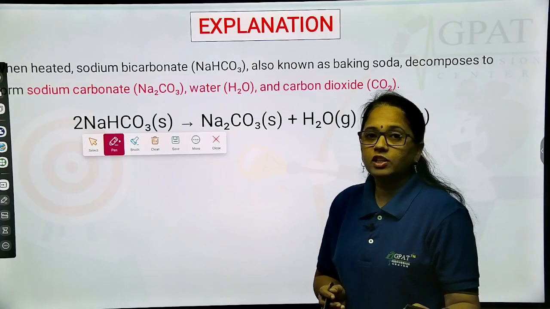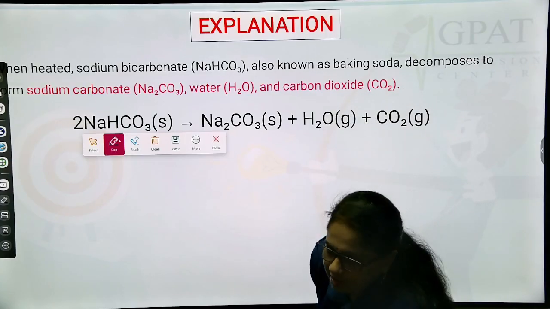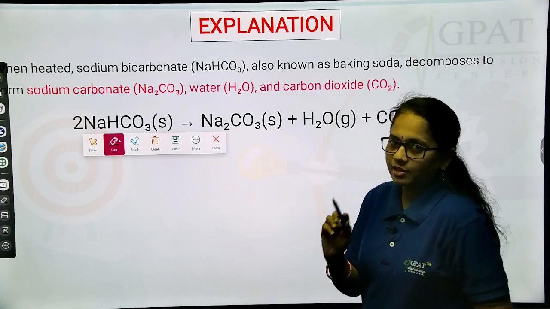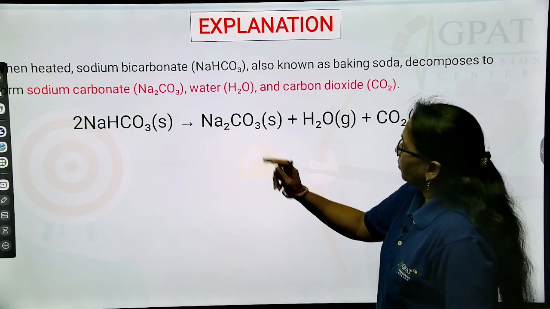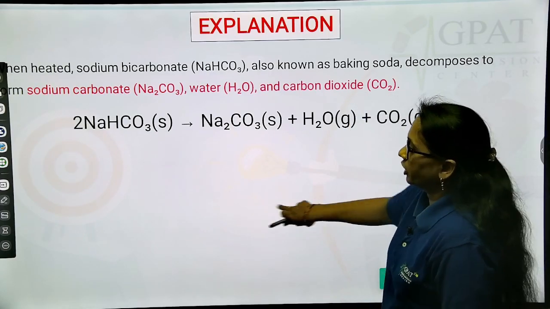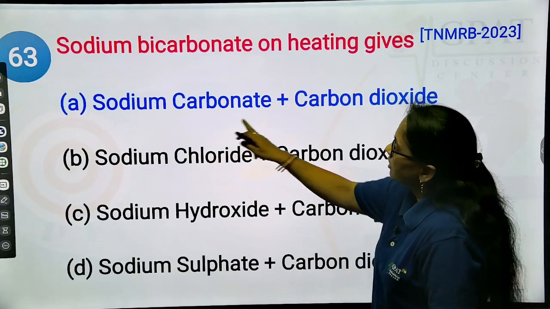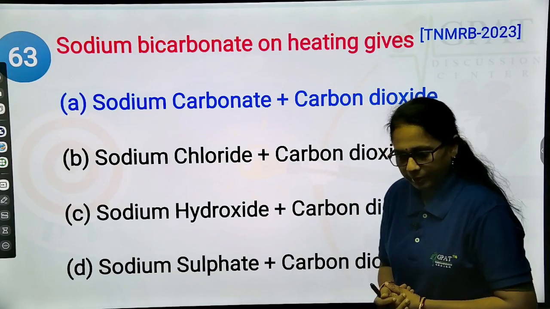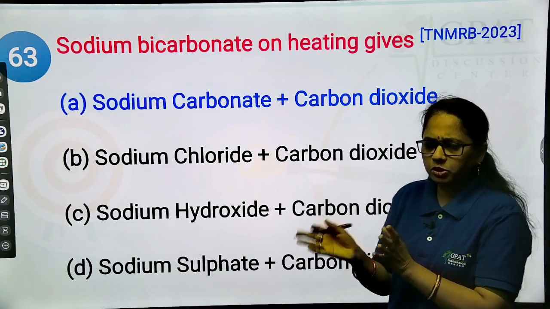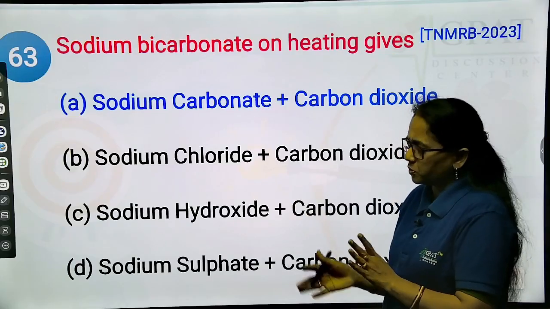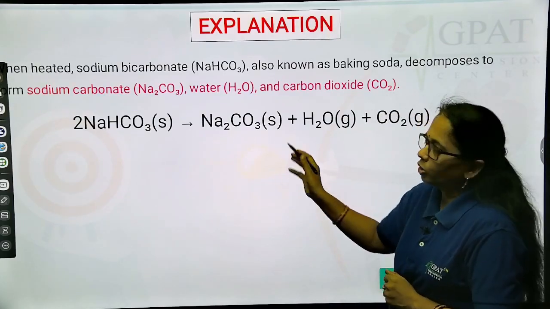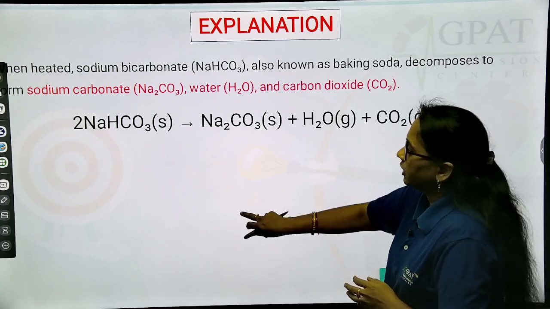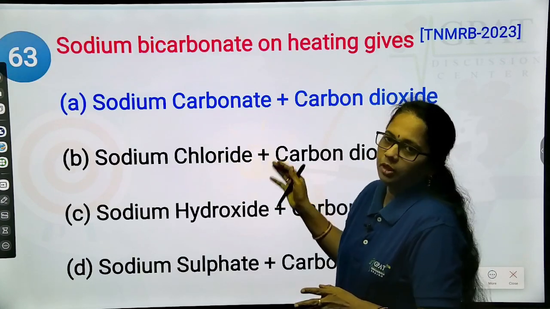So you are going to observe CO2 gas as well as sodium carbonate as a solid. In the options, clearly, sodium carbonate plus carbon dioxide. With respect to stoichiometry, 2 moles of sodium bicarbonate give 1 mole of sodium carbonate only, but here they have asked only what the products are.